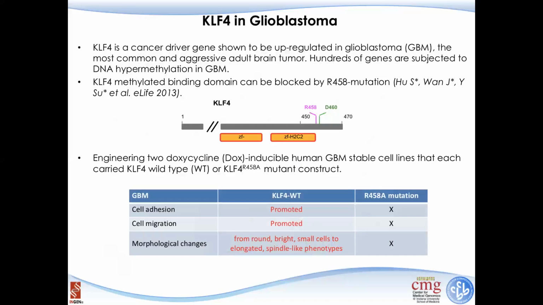So in other words, we can mutate one binding domain but still keep the other one. So our collaborator was very excited about this finding. They engineered two doxycycline-inducible human GBM stable cell lines, each carrying either KLF4 wild type or a mutated one. The mutated one means that we block the methylated binding site. The wild type means we have both.